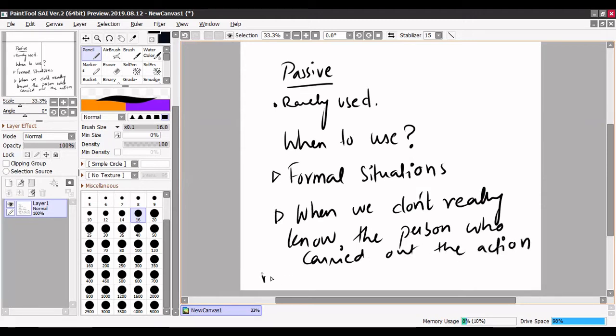So these are the three main conditions in which we use passive voice.